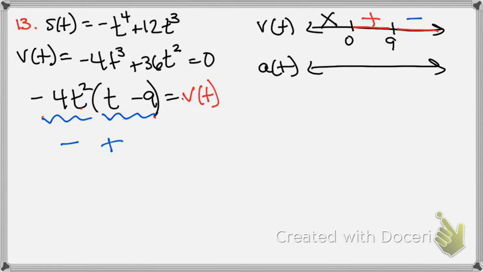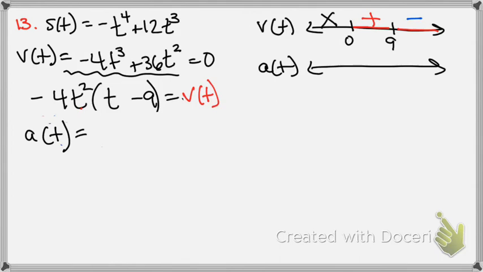Okay, now let's get acceleration in there. For acceleration, you want to go back to your velocity equation and do the derivative one more time, because the acceleration is the second derivative. So, derivative of negative 4t cubed, that would be negative 12t squared, and the next one's positive 72t.